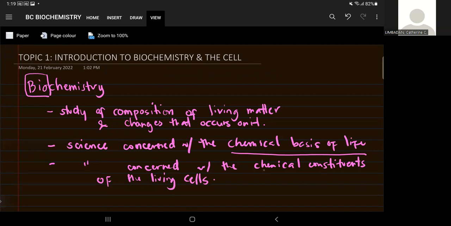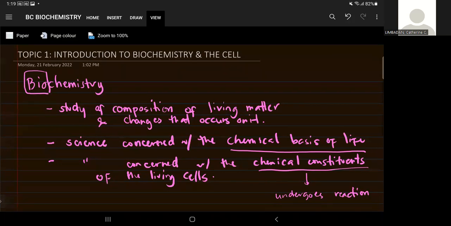These chemical constituents, or components, undergo certain processes, or reactions. And that is what we call biochemical reactions of those biochemical components in the cell.